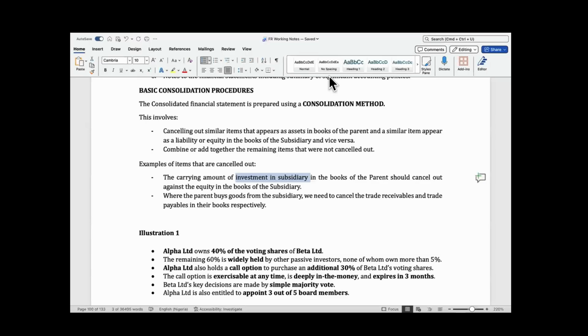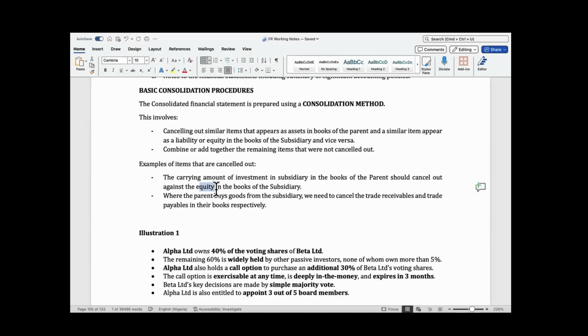I told you when he's preparing his own separate account, he needs to recognize that investment in subsidiary at cost or in accordance with IFRS 9 at fair value. So this has to be cancelled out against the equity in the books of the subsidiary because it's the same. Because that investment you are seeing in the books of the parent is represented by equity in the books of the subsidiary, because that is the shares the parent bought.